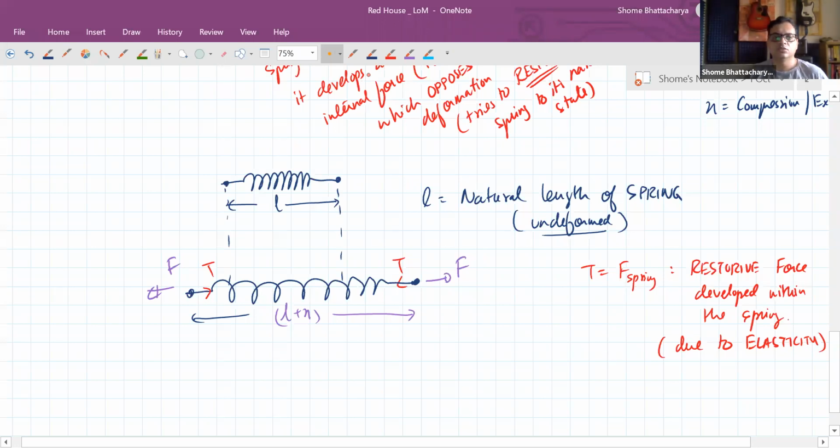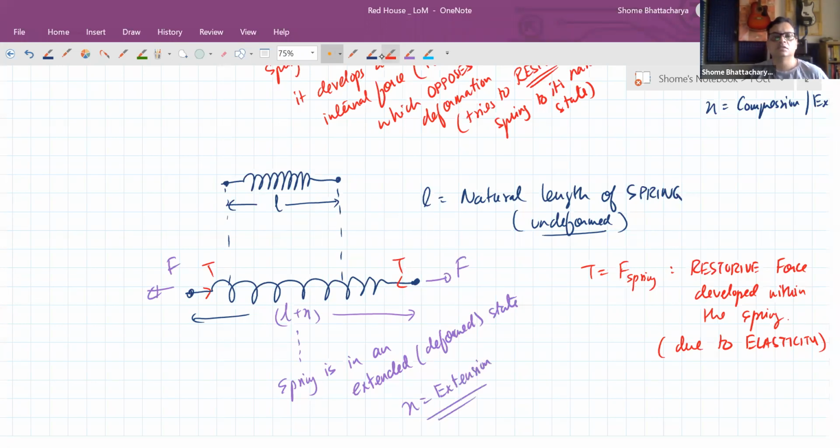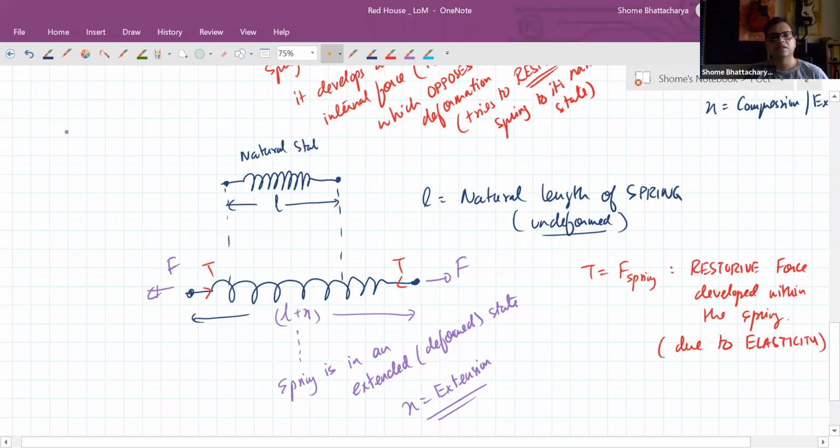Here in this diagram, the spring is in an extended state, a deformed state in the form of an extension, so x is the extension, whereas here the spring was in its natural state. As opposed to this, we might also take the spring into a position where it gets compressed.